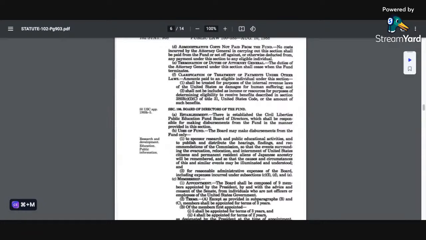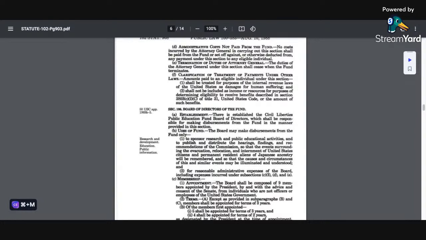F. Clarification of treatment of payments under other laws. Amounts paid to eligible individuals under this section 1 shall be treated for purposes of the internal revenue laws of the United States as damages for human suffering, and 2 shall not be included as income or resources for purposes of determining eligibility to receive benefits described in Section 3803(c)(2)(C) of Title 31, United States Code, or the amount of such benefits.